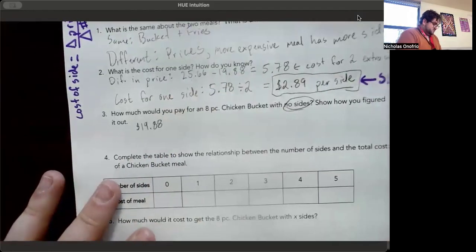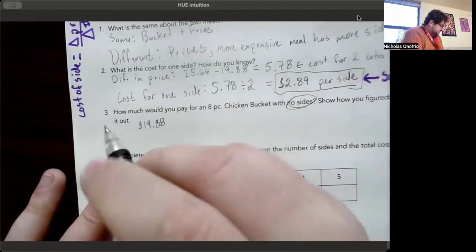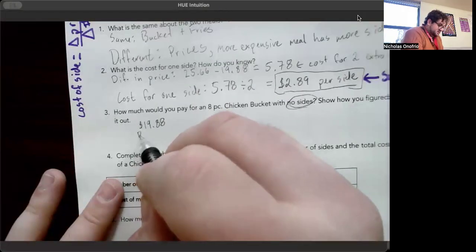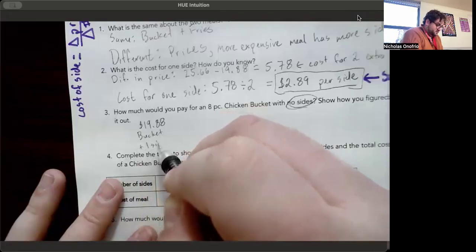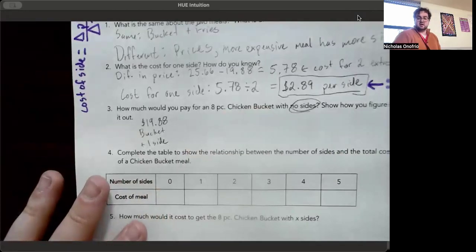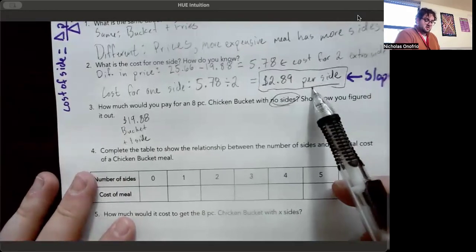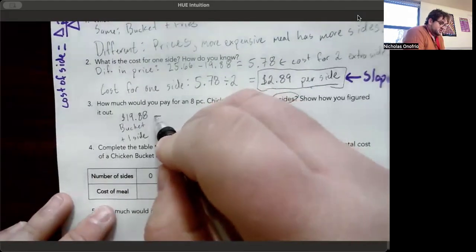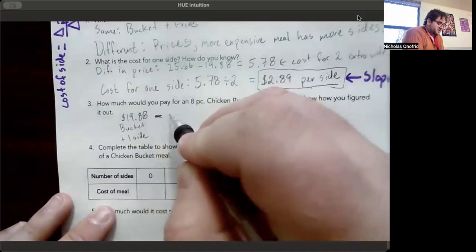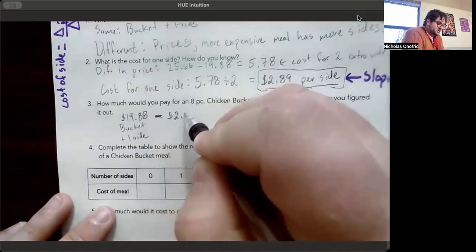That $19.88 is the cost of the bucket plus one side. And we know each side is $2.89.